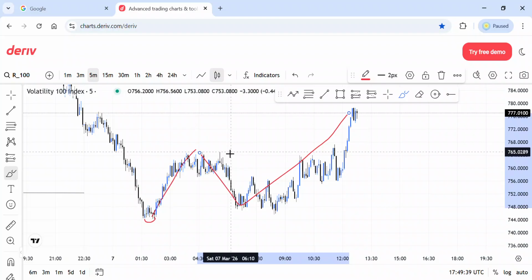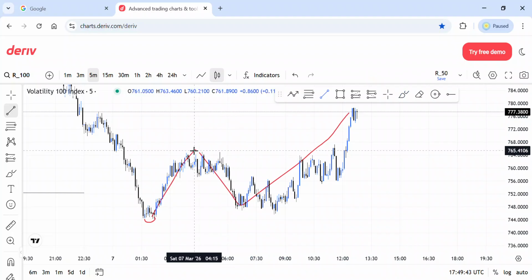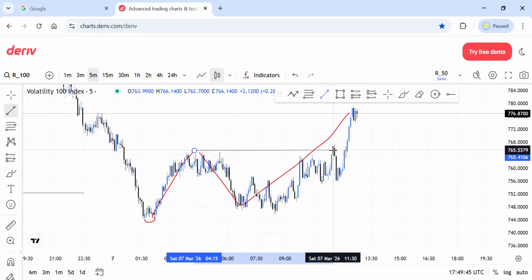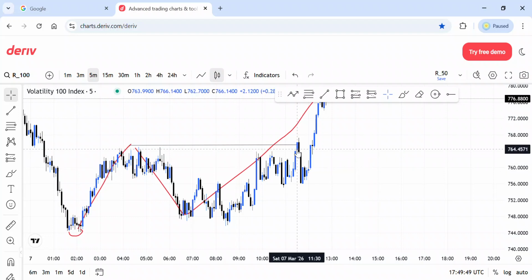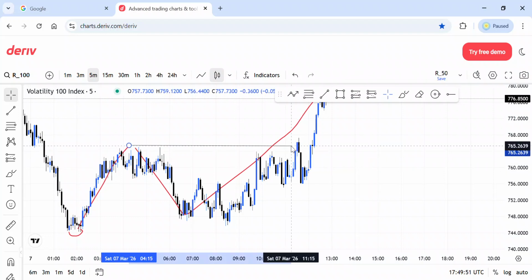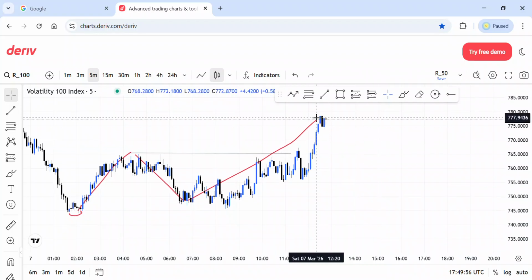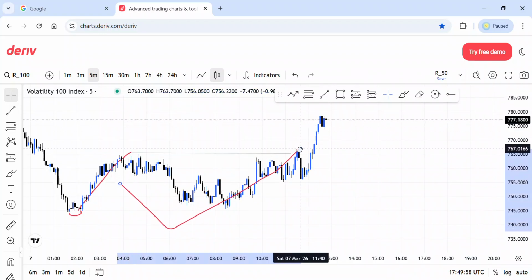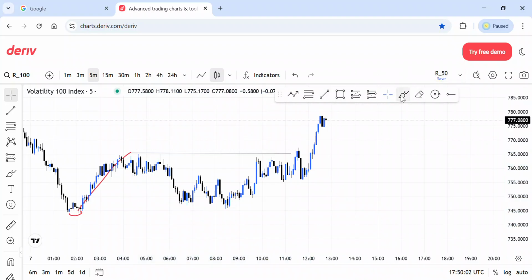Are you getting it? Now, as you can see, the market just broke out from this recent high to the upside. So we have a breakout here. Let me delete this, I didn't see that very well.